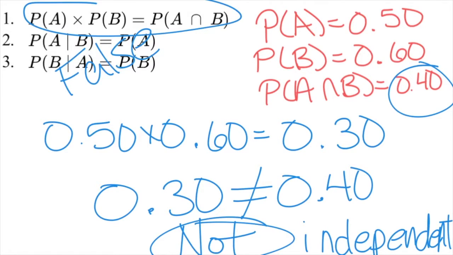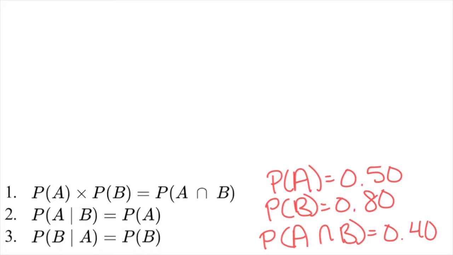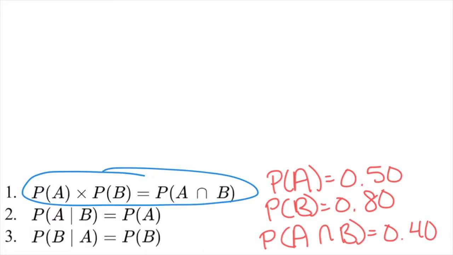Let's look at another similar example. Here, the probability of A is 0.50, the probability of B is 0.80, and the probability of A and B is 0.40. Again, we'll use the first equation because we have all of these values already.